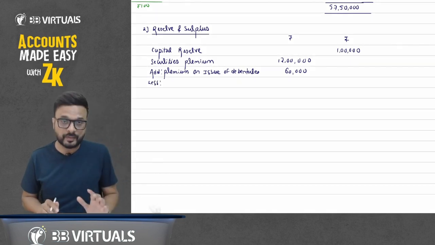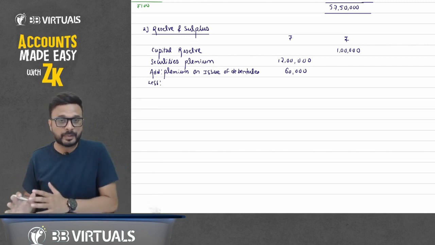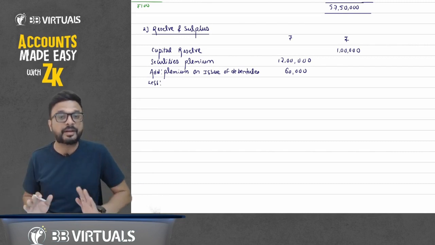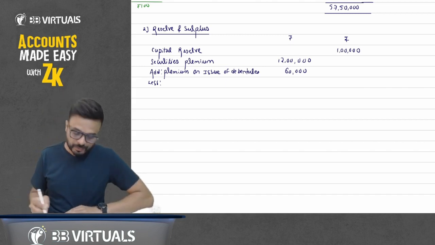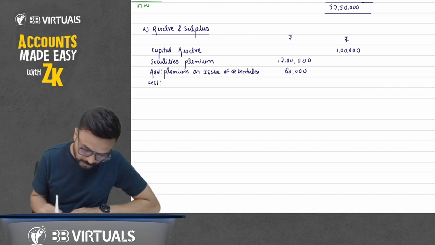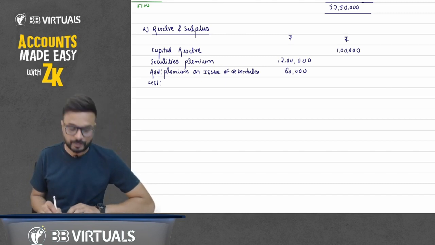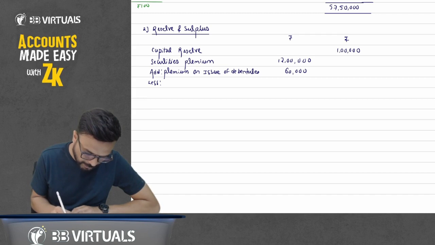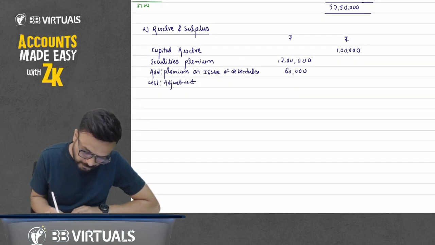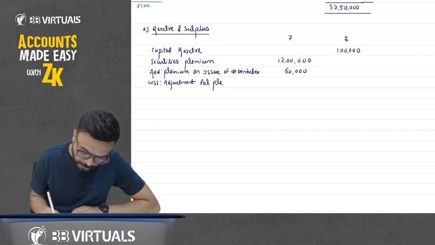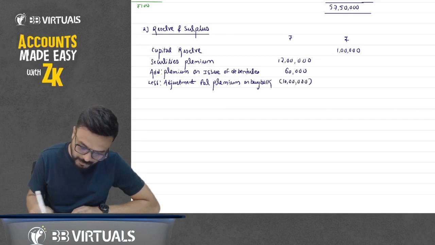Less, we have utilized it. Whenever we debit reserve and surplus, we have to deduct it, because reserve and surplus, liabilities and capital all have credit balances. So whenever we credit, add it. If we have debited, deduct it. So less what we have utilized to write off premium on buyback: adjustment for premium on buyback, 10 lakhs.